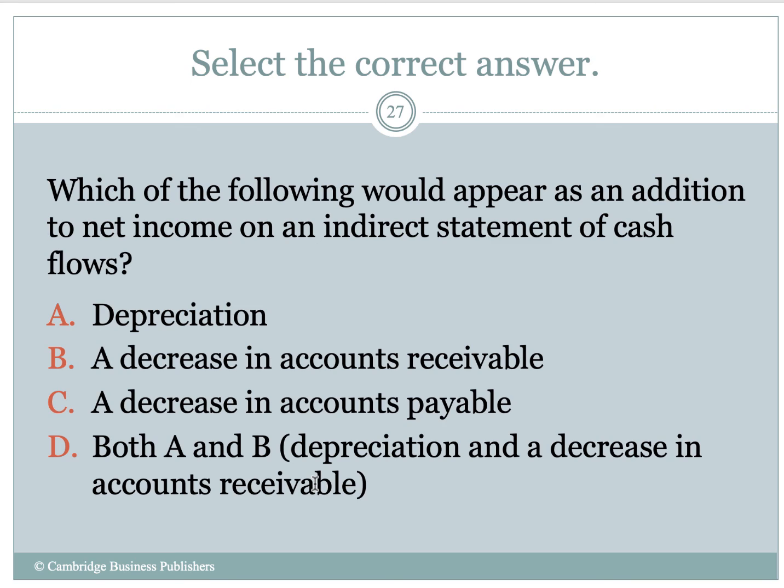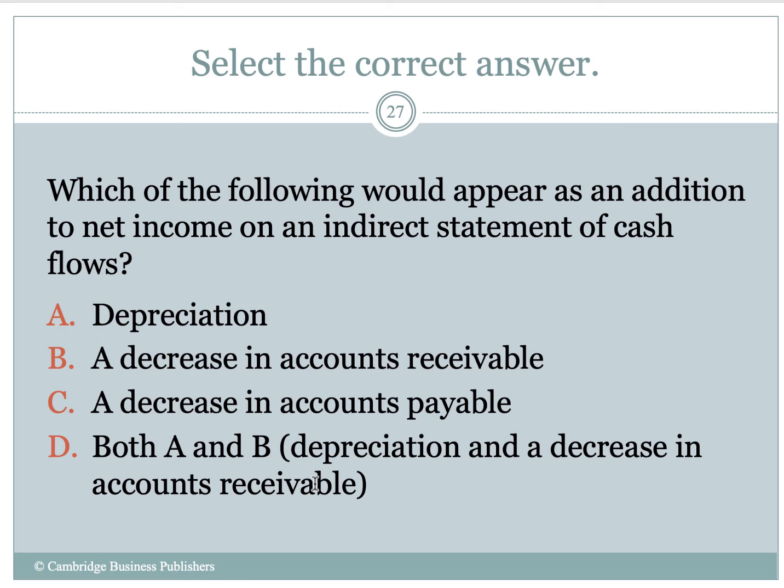Which of the following would appear as an addition to net income on the indirect statement of cash flow? Well, let's think about that. We're going to go through each of these individually. What do I add? What do I subtract? But we know right off the bat, we need to add back any non-cash transactions. So we're definitely going to add back depreciation, right?